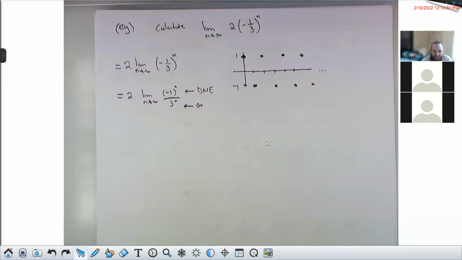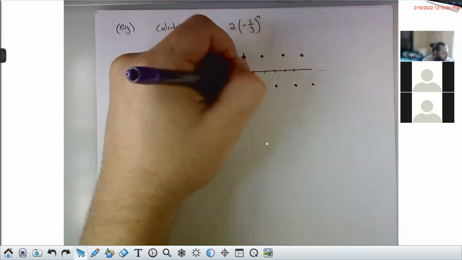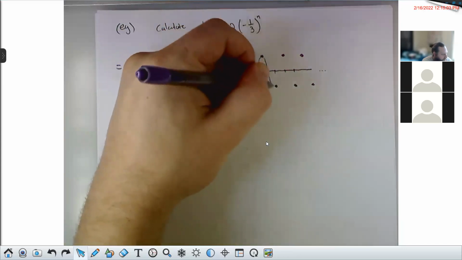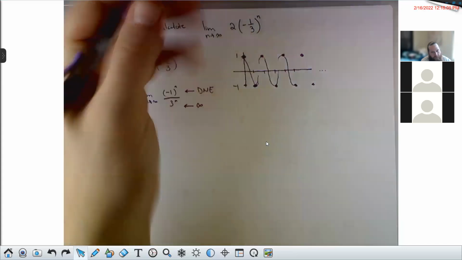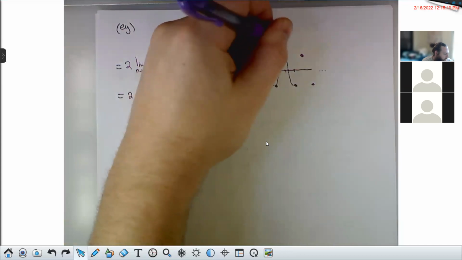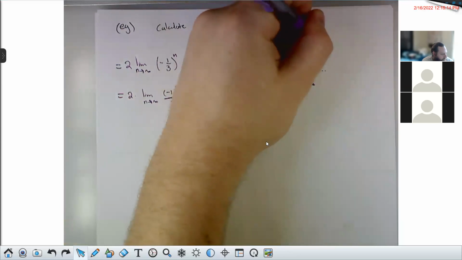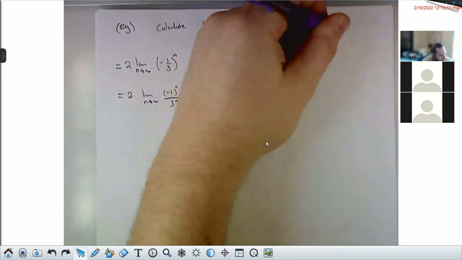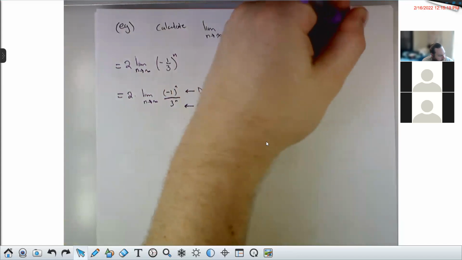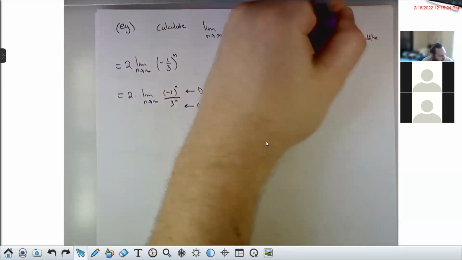And it's not a nice curve, right? This is not the same as the sine of n. I don't immediately have an idea like what curve would fit here. Sure, I could make something work, but I don't have an immediate candidate for what f of x would be here.